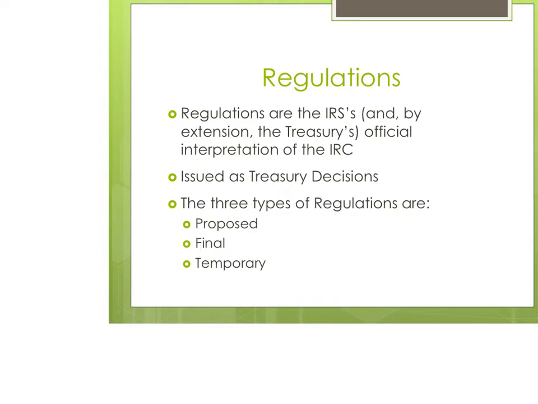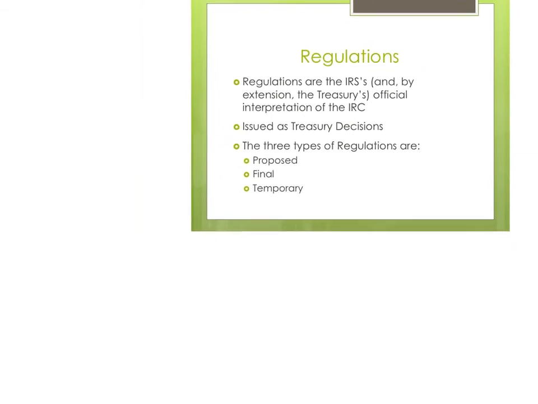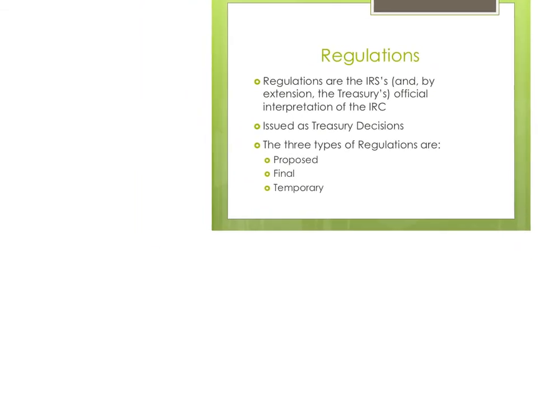Lots of times they contain examples. They contain a lot more detail. There are sometimes 20 or 30 regulations related to one particular section of the tax code, okay? I'm going to slide this up a little bit and change the size.